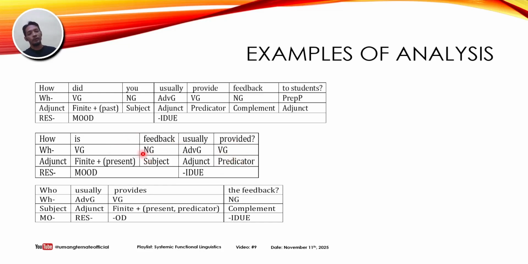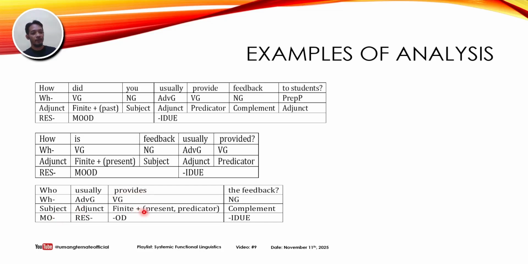This is also a question demanding information, and also the last one, who usually provides the feedback? Okay, here the WH word who doesn't function as the adjunct but as the subject. Okay, so who becomes part of the mood block. Who provides? Provides here is the finite.